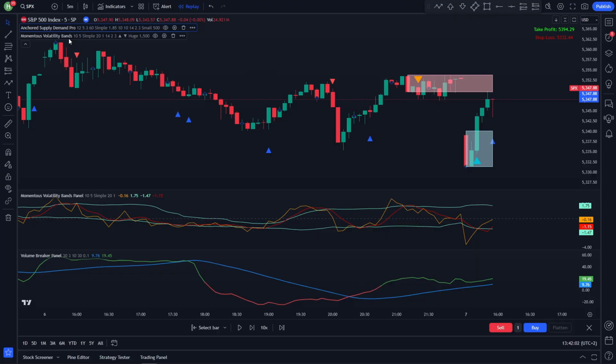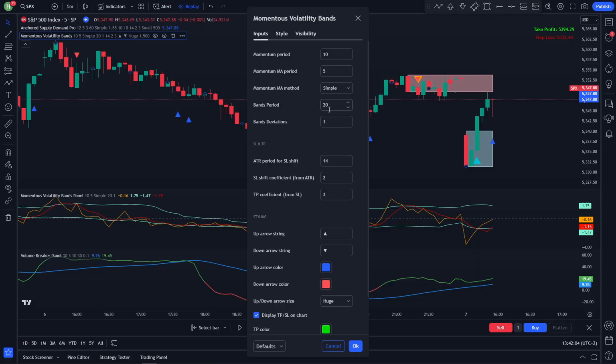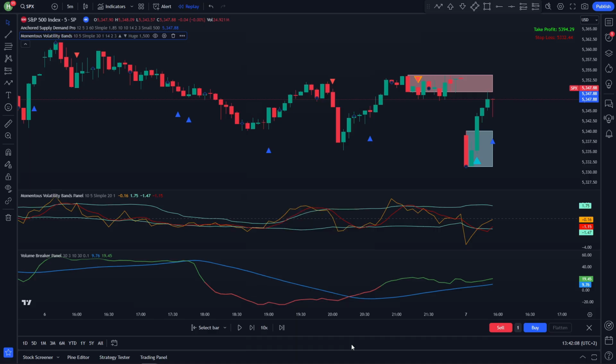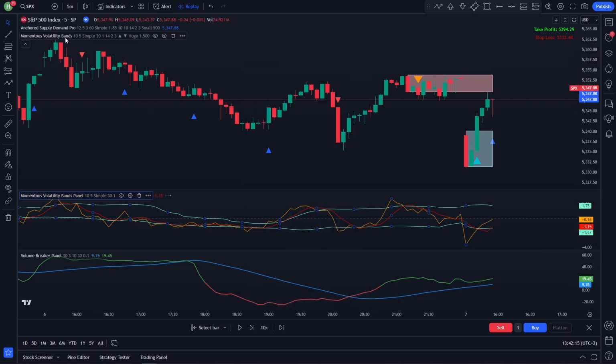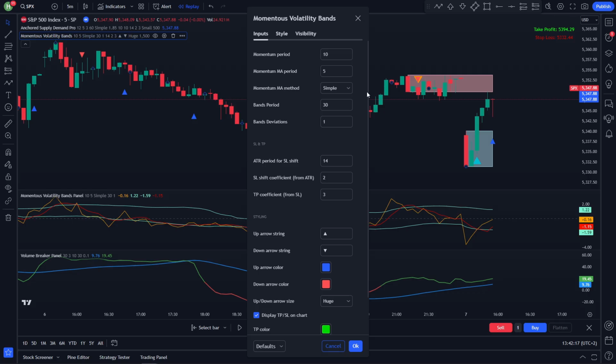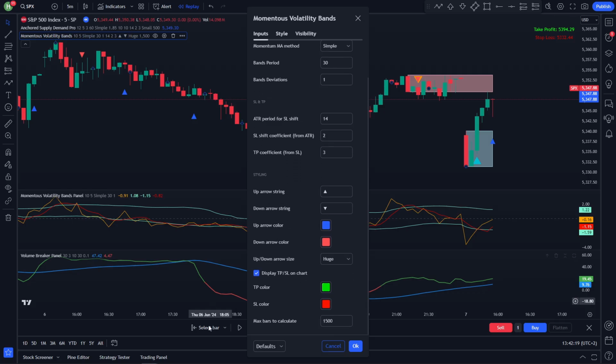Then for our Momentous Volatility Bands and panel, we are going to change the period from 20 to 30 for both the indicator and panel, which will allow it to account for a longer period in its calculation process, as we'll be scalping on the lower time frames.